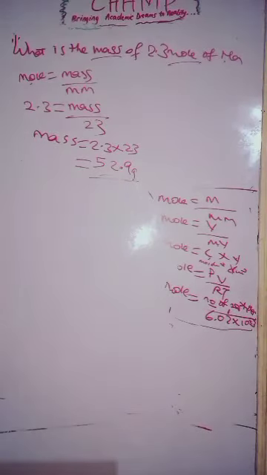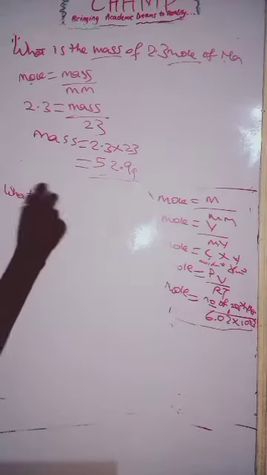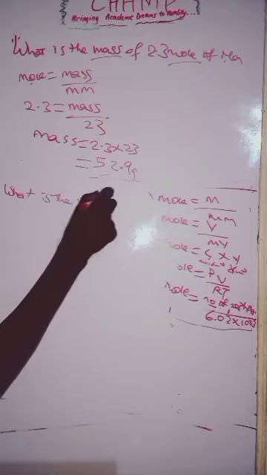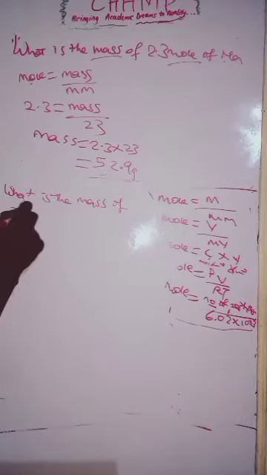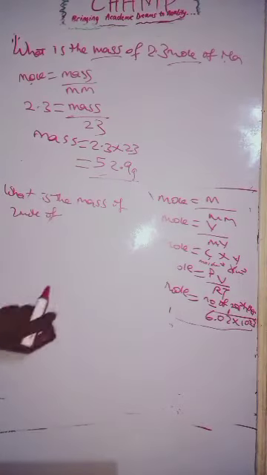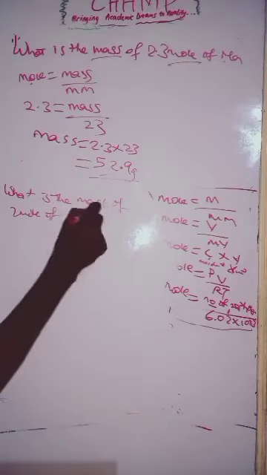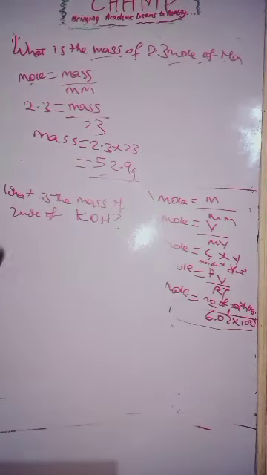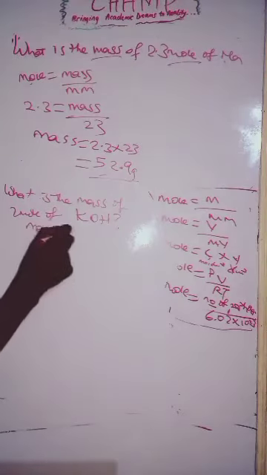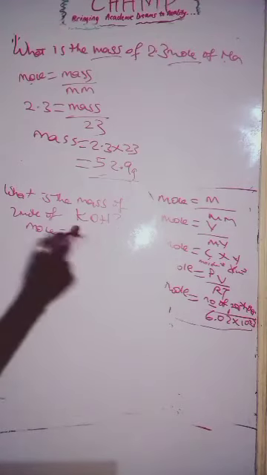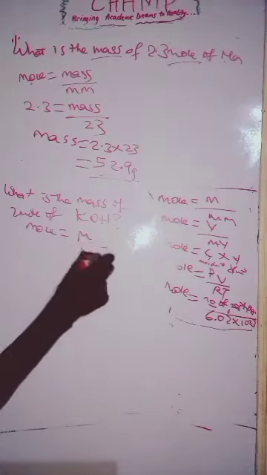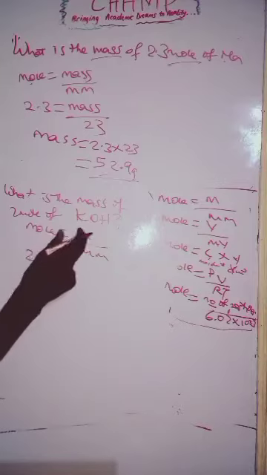So that's about that. Another question, or would you like to try one out? Let's say you are given, what is the mass of 2 mole of, let's say, KOH. So let's solve this together. You've been given your mole. Your mole is 2. And you know that your mole is mass over molar mass. So what's your mass?